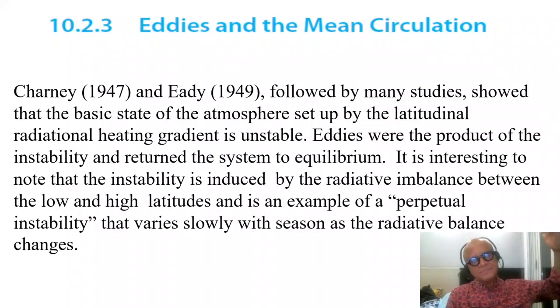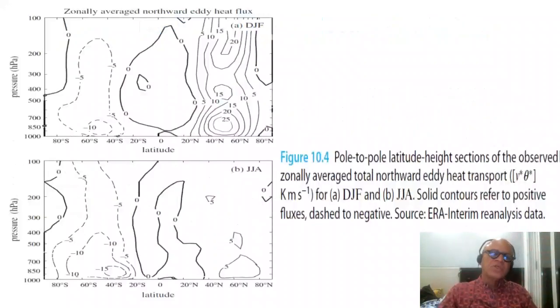These thermal winds, vertical shear, strong zonal westerly jets become unstable, and we'll see later on that if you lift an air parcel in the tropics and carry the angular momentum of the low latitudes, which is high because the radius is high, zonal velocity is high. As you move northward, angular momentum cannot be conserved, as we will see, because the radius decreases and the tangential velocity needed to maintain angular momentum gets unrealistically large.